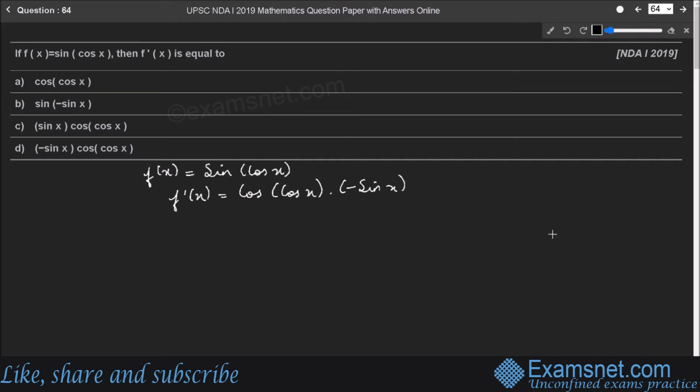By applying chain rule, f dash x will be equals to minus sine x into cos of cos x. So this is the value for f dash x. Therefore, the correct option for this question is option number D. See, this was a very simple question.